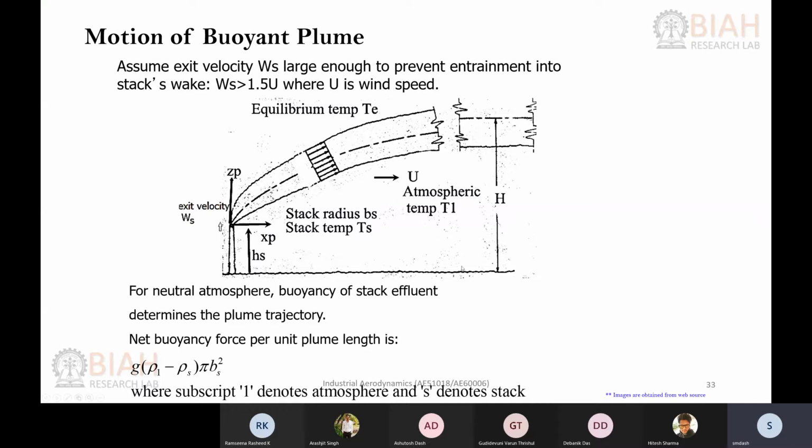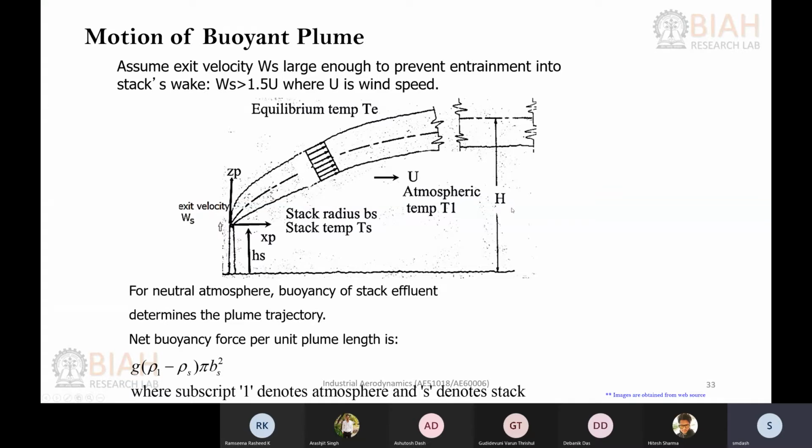So we have considered this particular simplified geometry where we have a stack of height hs, and we define the coordinate system somewhere on the top of the stack, xp and zp, and based on that we try to find out how the buoyant plume trajectory will happen as you move away from the stack in the horizontal direction, and what will be its effective height when you go high. So that effective height will be h.